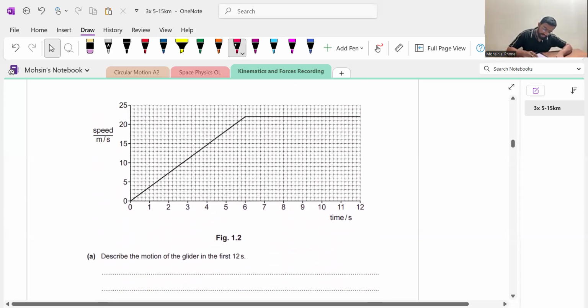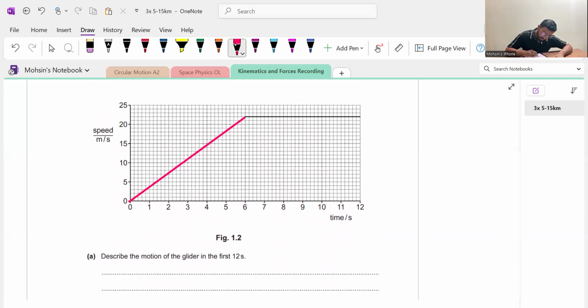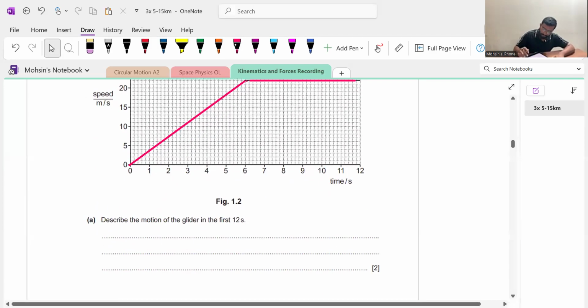In the first 12 seconds we can see here that in the starting the speed is increasing at constant rate, but after 6 seconds the speed is uniform.